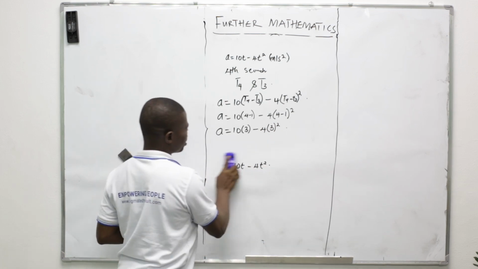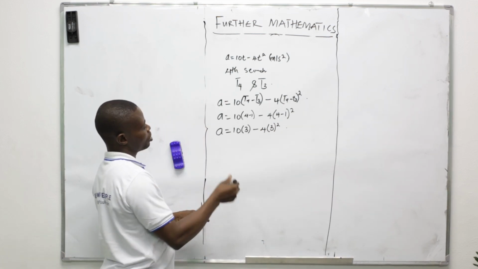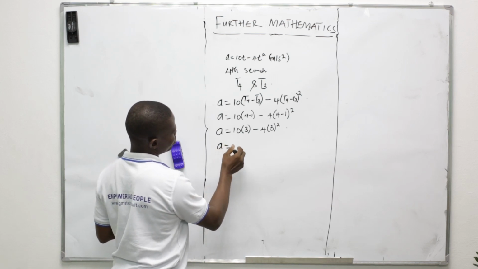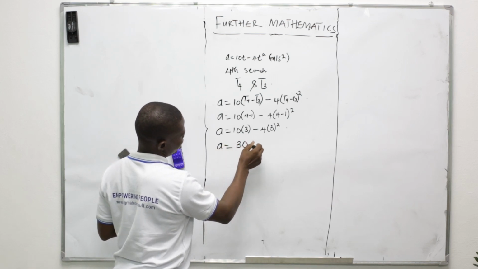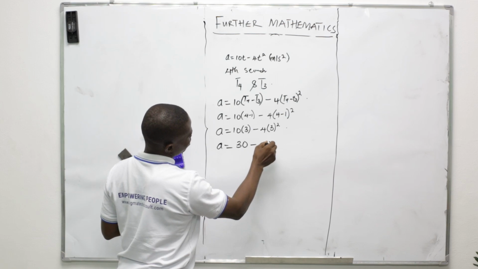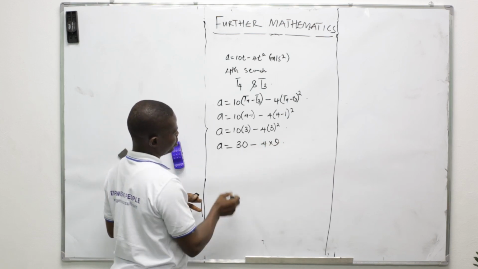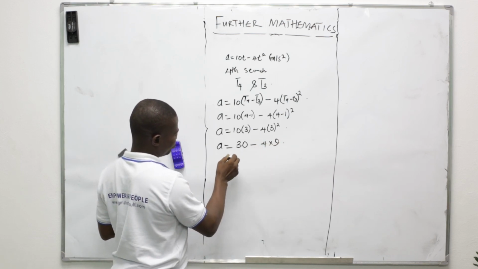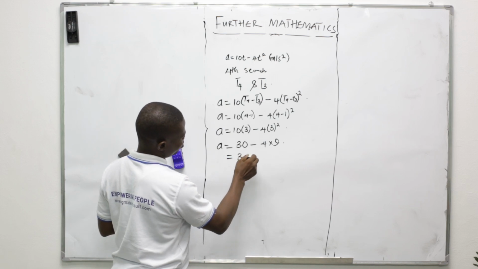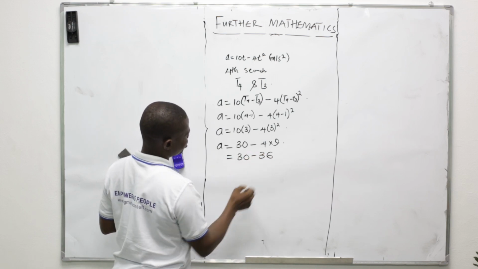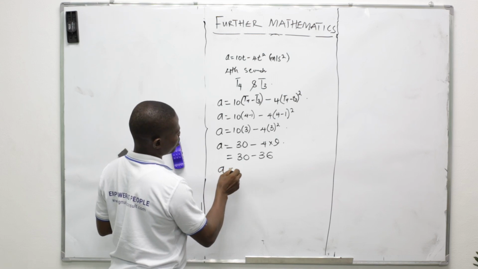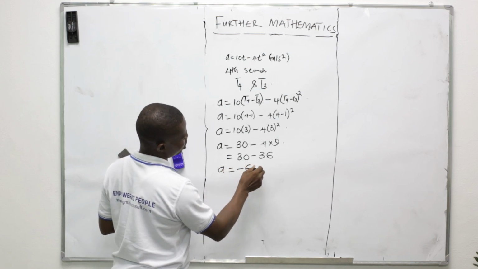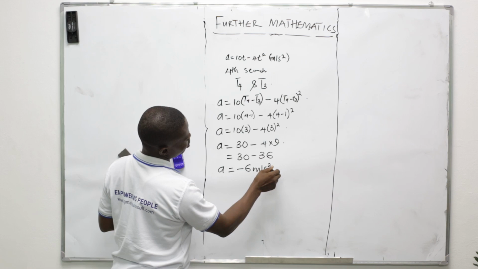Now I have this. My acceleration A equals 30 minus 4 times 9. That is 30 minus 36. Acceleration equals what?